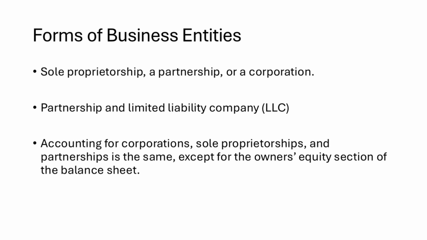The owner is responsible for the debts of the sole proprietorship. In the United States, a sole proprietorship may qualify to be treated as a limited liability company, LLC. As an LLC, the owner may limit the liability of the sole proprietor, but may increase the tax exposure of the proprietorship.